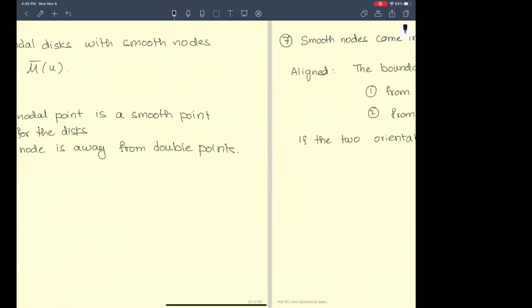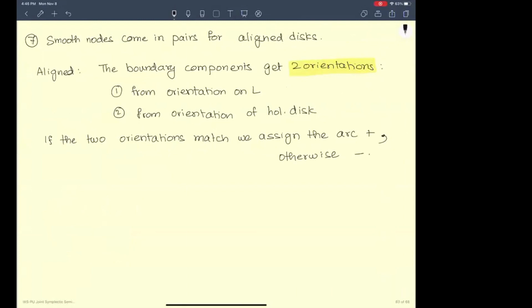Okay. So what is this aligned condition? If I have a disk with corners, its boundary is broken into many bits. And each of the smooth bits gets two orientations. One comes from the orientation of the Lagrangian, so I'm taking an oriented Lagrangian. And the other one comes from the orientation of the holomorphic disk.